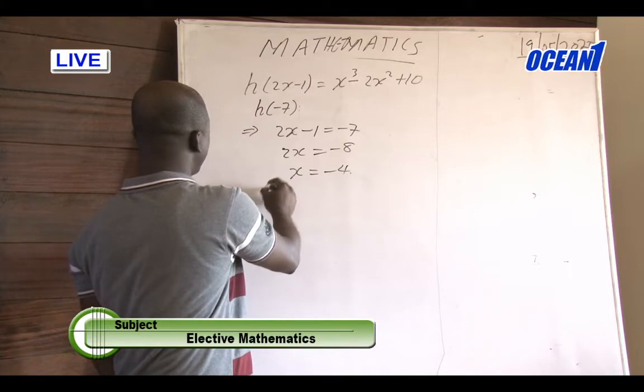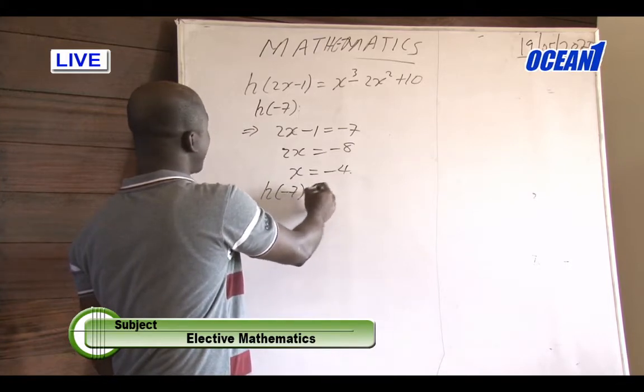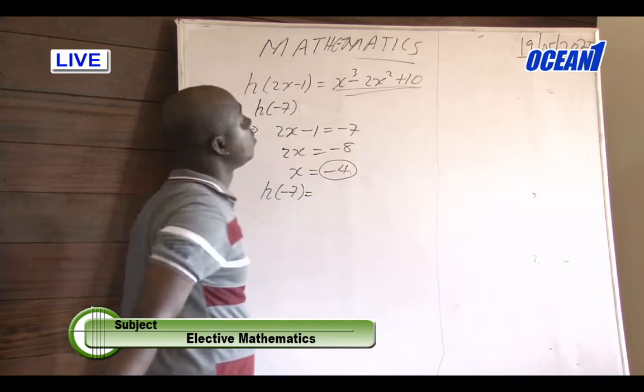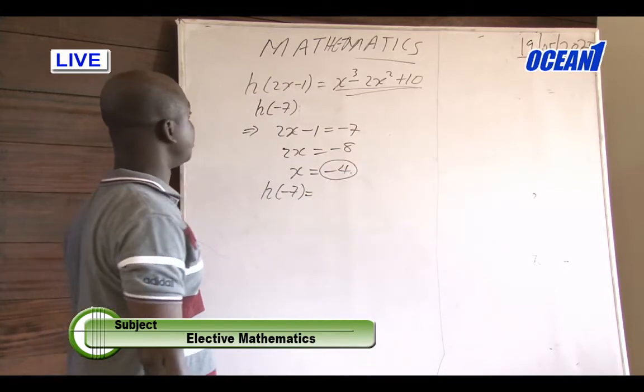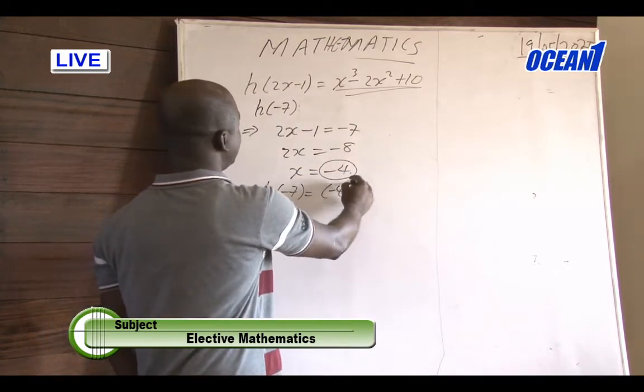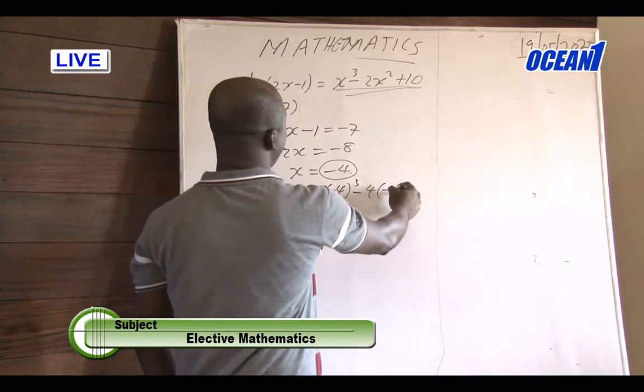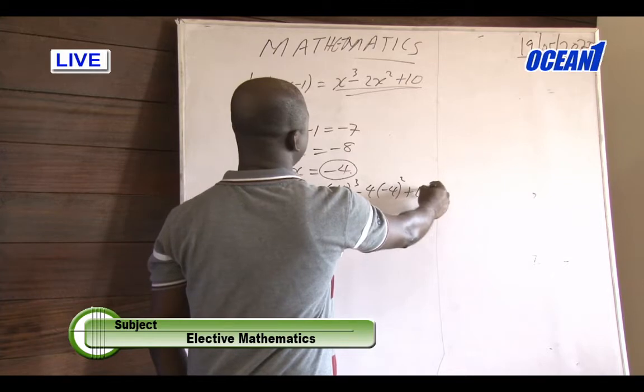So actually we are evaluating h of minus 7 by putting x into the right hand side expression. That's minus 4. So we are getting negative 4 to the power 3 minus 4 times negative 4 squared plus 1.